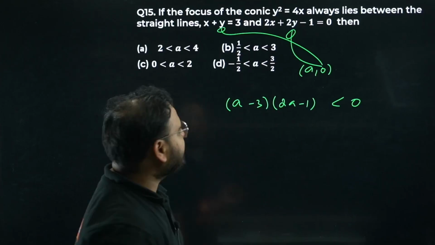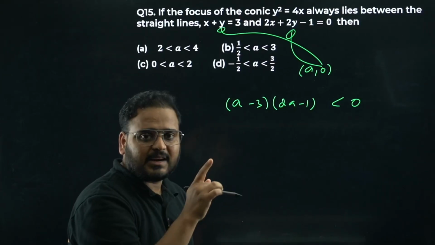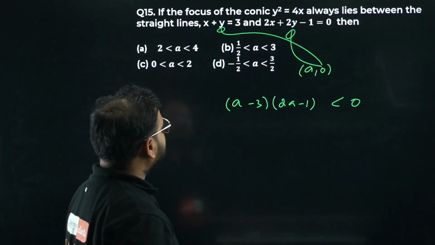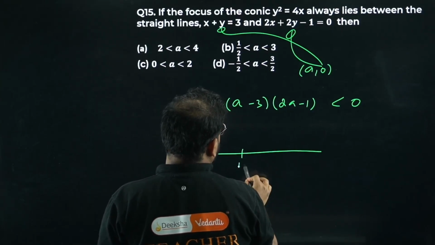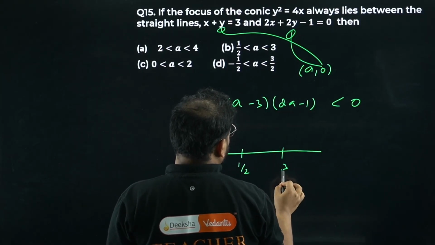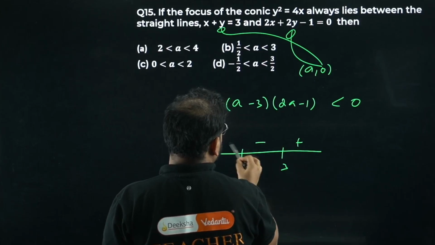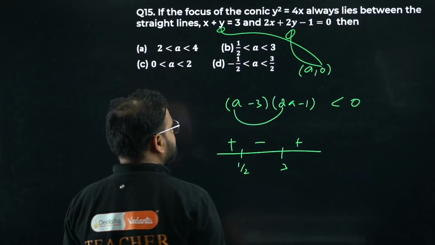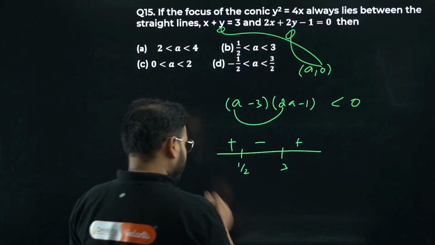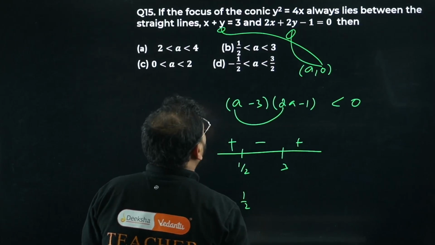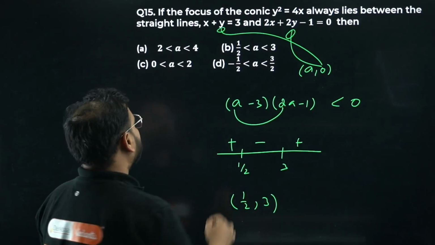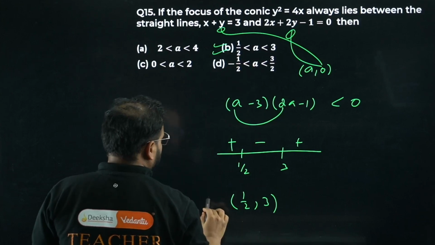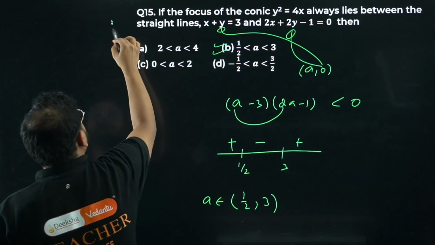The property is there, right? Great. Let's solve this. We have the a value as 1 by 2 and the b value as 3, with signs plus, minus, plus. Okay, because the quotient is always positive over here, not a problem. So it lies from 1 by 2 open to 3 open. Option is B. Please check. Option is B.